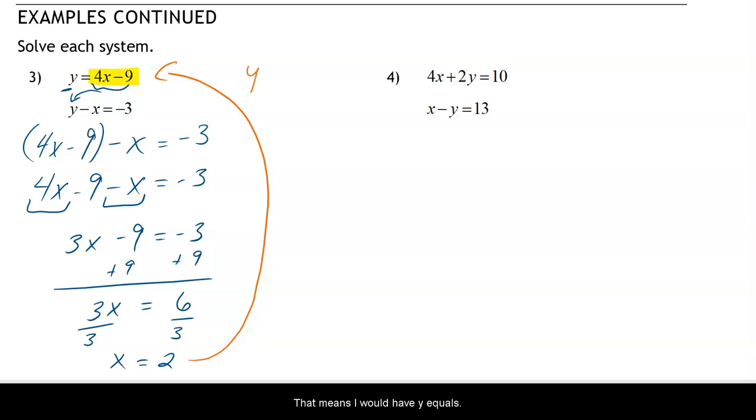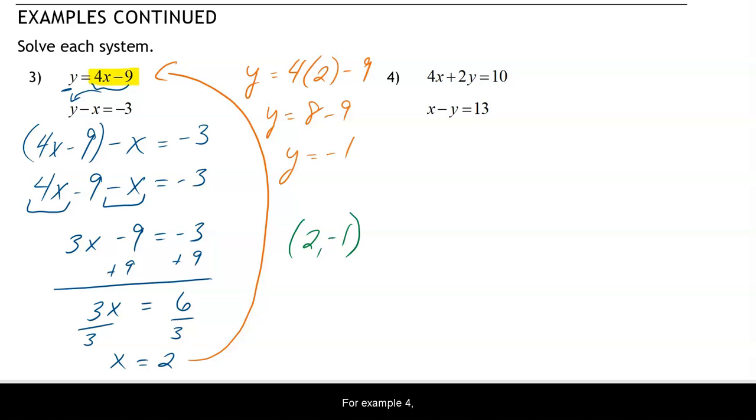So that means I would have y equals 4 times 2 minus 9. So then y would equal 8 minus 9, and y would equal negative 1. So my solution for the system is actually going to be an ordered pair, and it would be the ordered pair 2, negative 1.